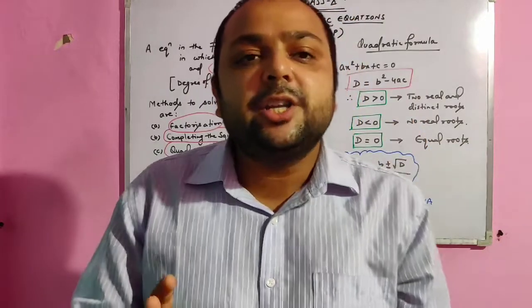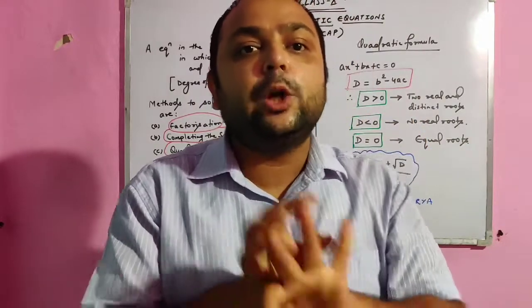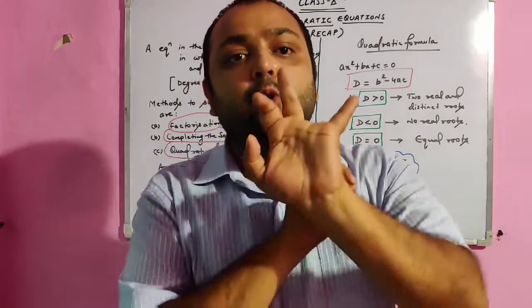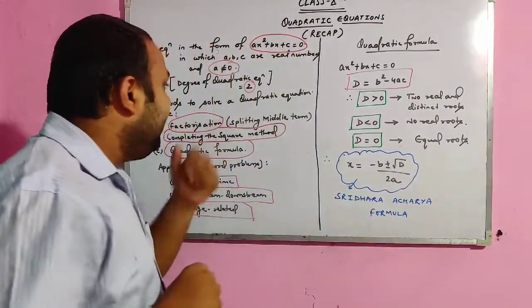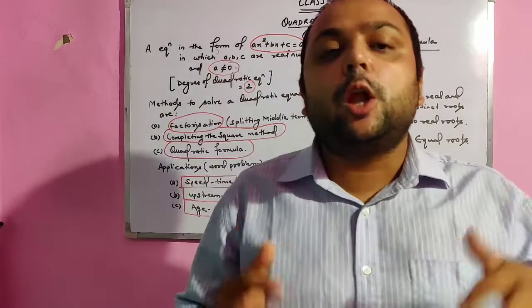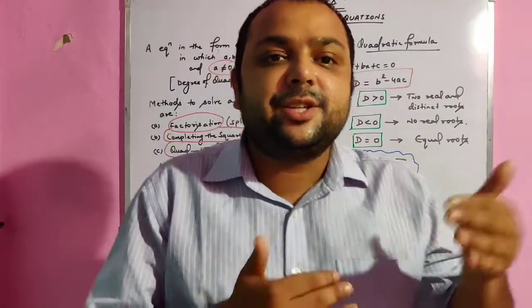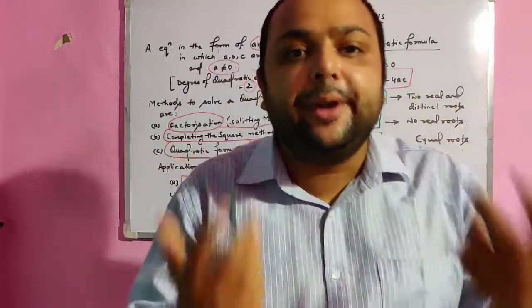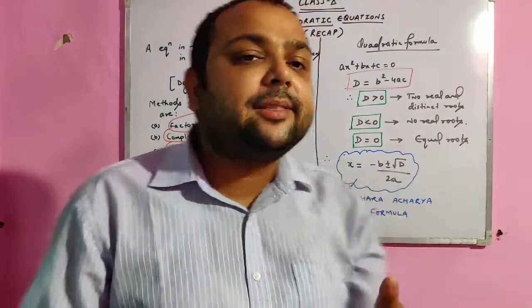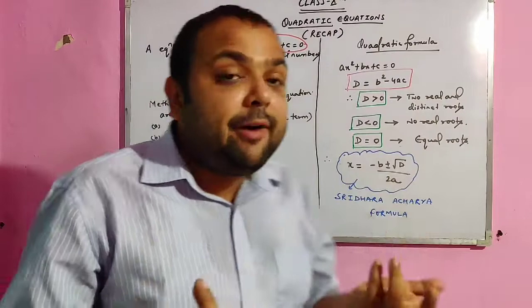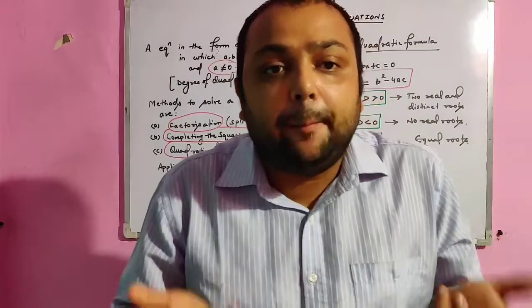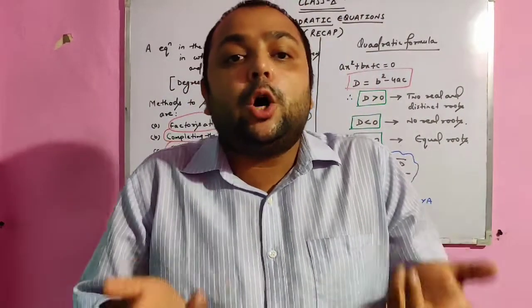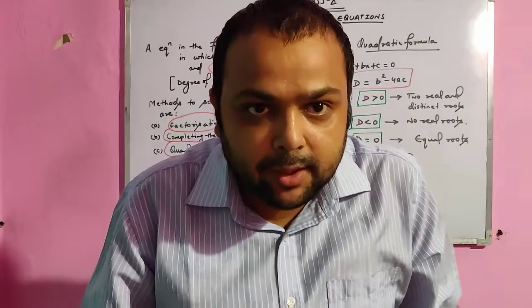So the important conditions are that the degree should be equal to 2 and the coefficient a should not be equal to 0. Then there are several methods to solve a quadratic equation that we have already studied. The methods are factorization, which is also called splitting the middle term, the completing the square method, and the final method is the quadratic formula, or the Sridhar Acharya formula.